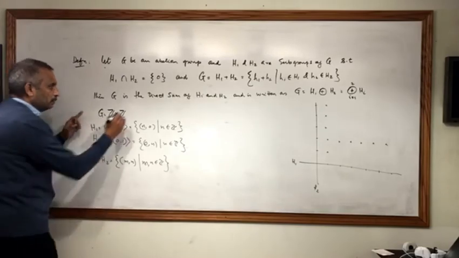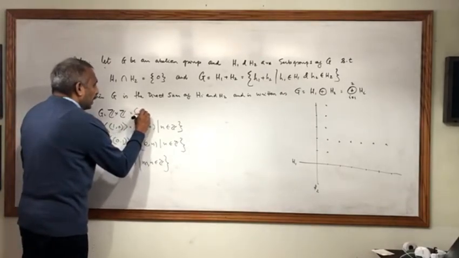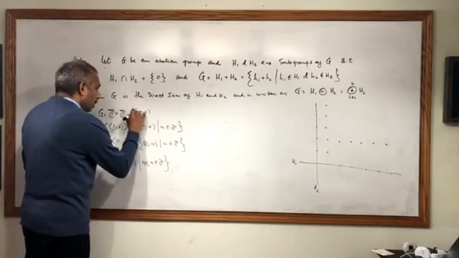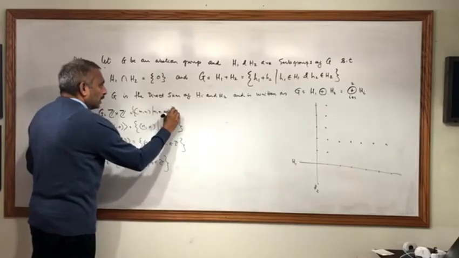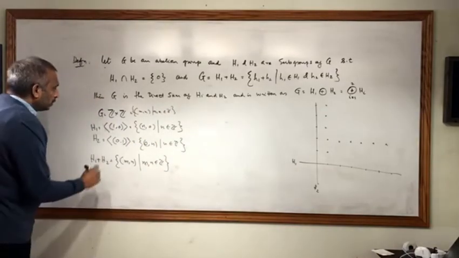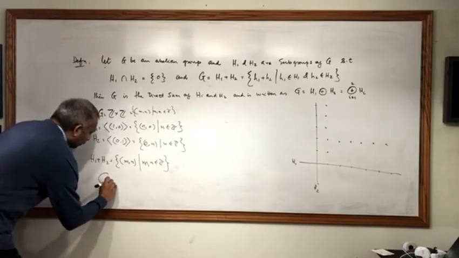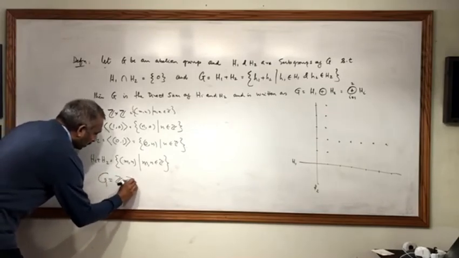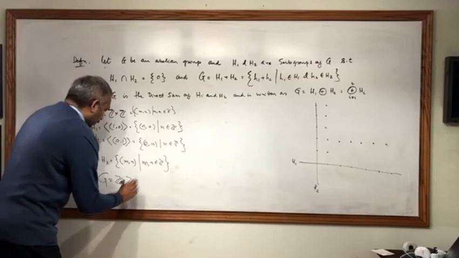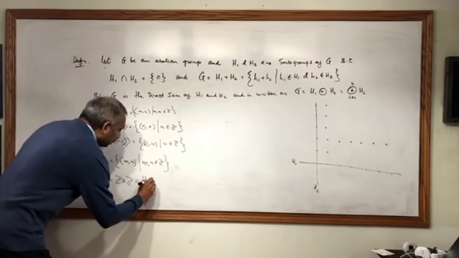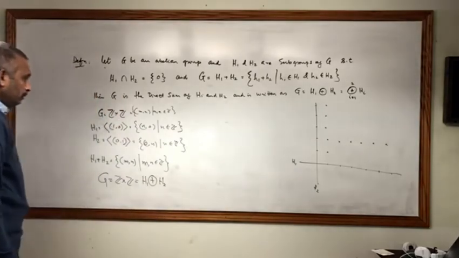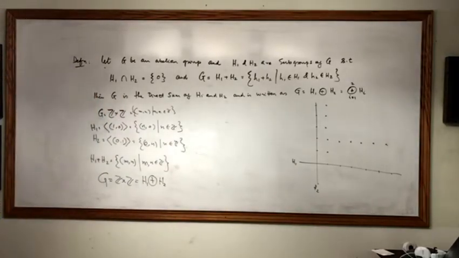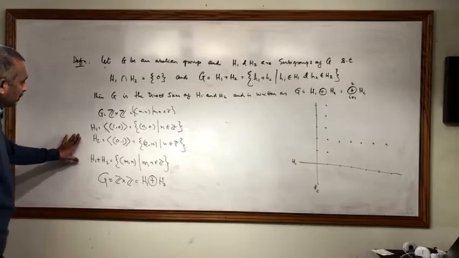Z cross Z is m, n, m comma n belongs to Z, and that is what we have here. So G is actually Z cross Z, equal to H1 direct sum H2.